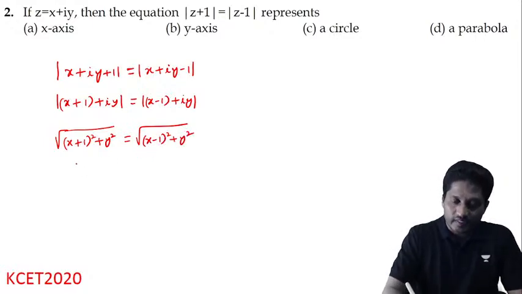If I square on both sides, the root and square cancel.